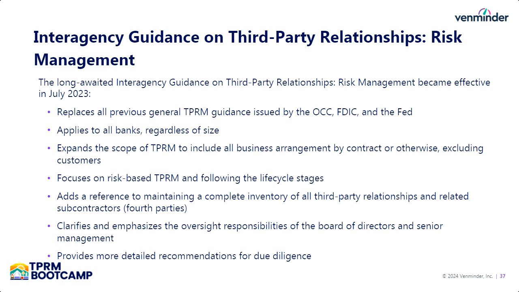Subcontractors or fourth parties are also mentioned in the guidance, and regulators clarify the oversight responsibilities of the board and senior management, especially when it concerns critical activities. And there's also more detailed recommendations on what to review during the due diligence process.